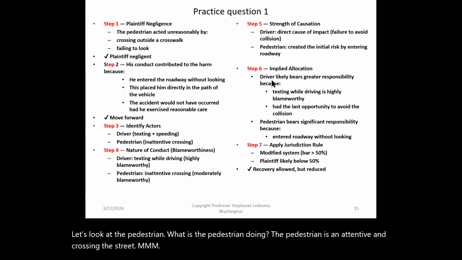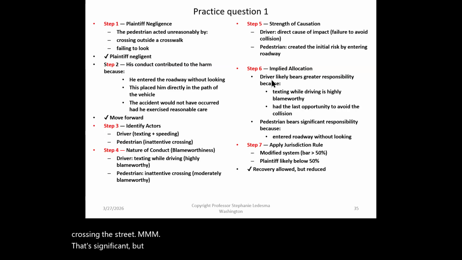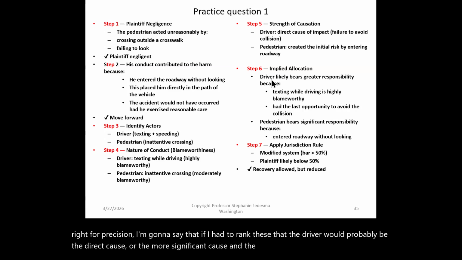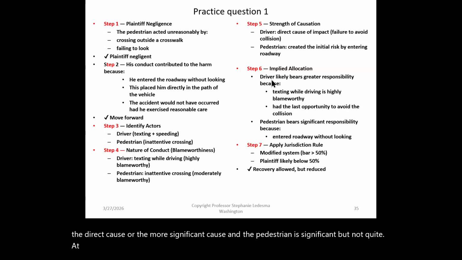That's significant. But because there's no bright line mathematical calculation for precision, I'm going to say that if I had to rank these, the driver would probably be the direct cause or the more significant cause, and the pedestrian is significant, but not quite at the same percentage as the driver.